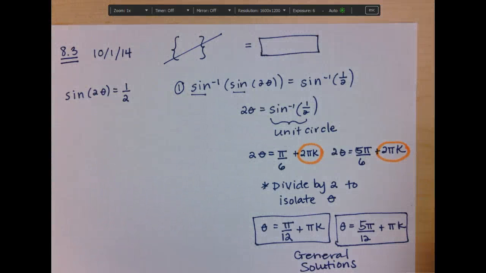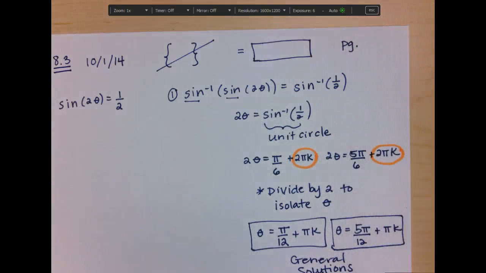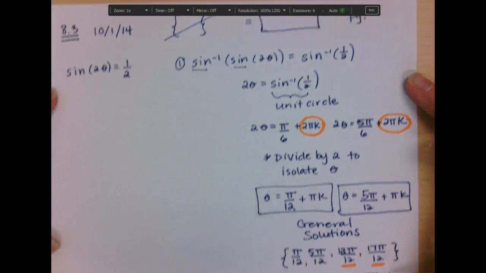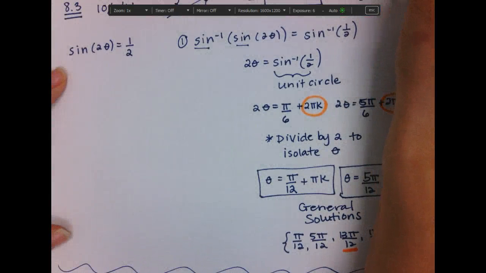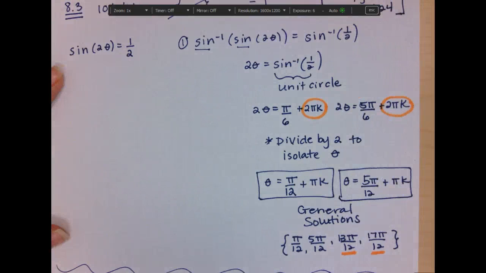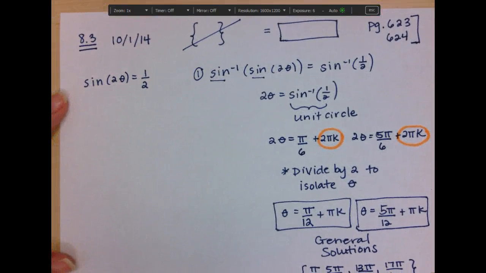So no worries there. Another thing to note is that if you wanted to see these two examples worked out one more time, you would look at page 623 and page 624 in your textbook. And each one of those examples will be located on one of those pages.